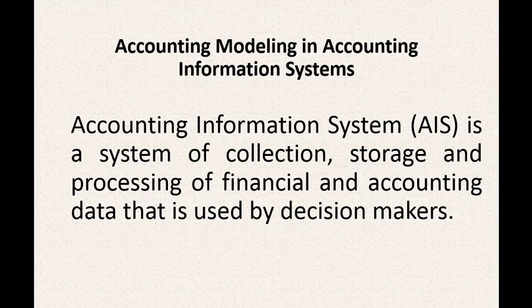So as far as input is concerned, we have transactions and events. So we have raw data. We put raw data to the accounting system to be processed into more meaningful information. And as far as process is concerned, in financial accounting we have transactions and events as inputs, and we have a process.